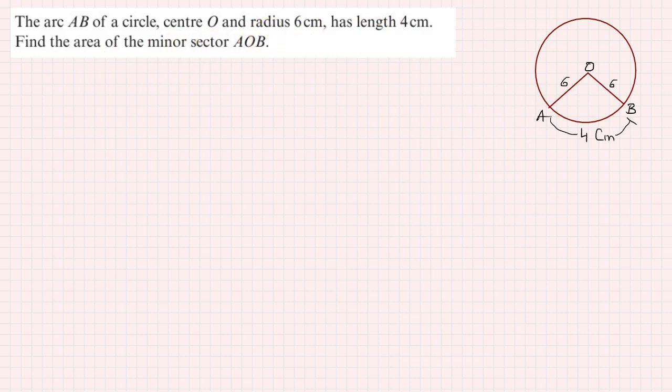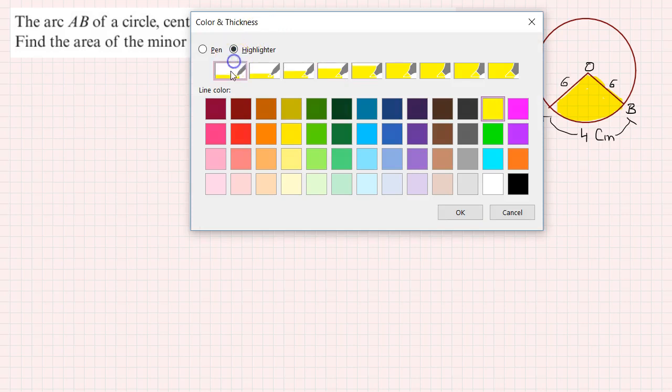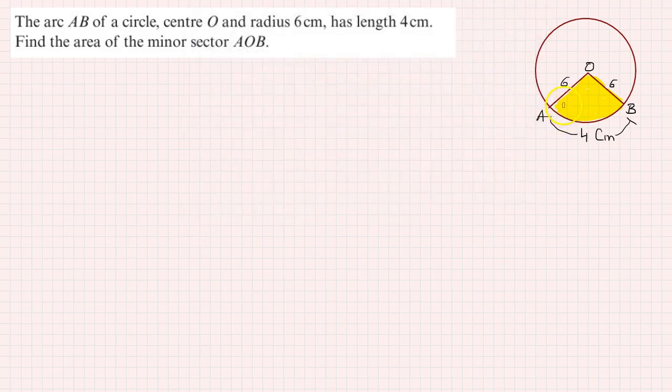Find the area of the minor sector. Now this is the minor sector, and the upper one is a major sector. So we have to find the area.